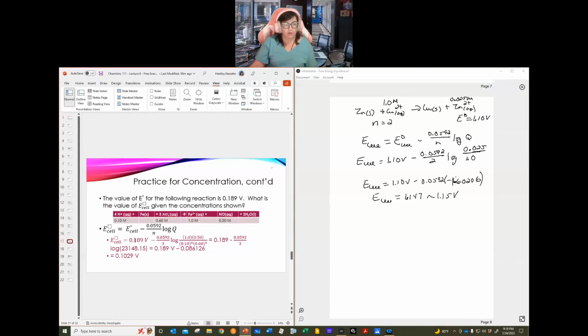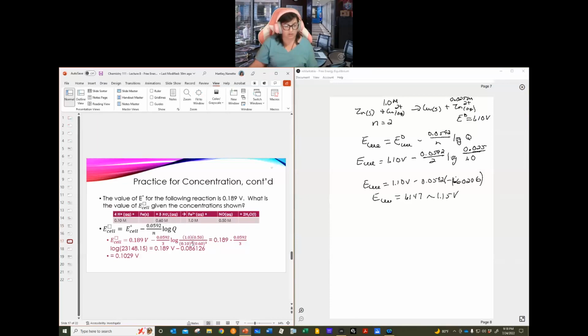So I have my 0.189 volts minus my 0.0592 over 3, since it's a 3-electron process. And then I multiply that times the log of 1.0 times 0.5. Both of those, their stoichiometry is 1. Divided by 0.10 to the 4th times 0.60 to the 3rd.